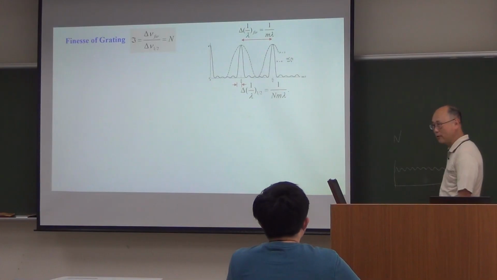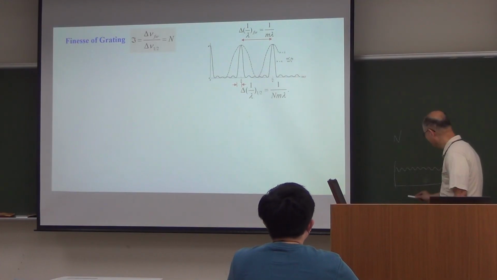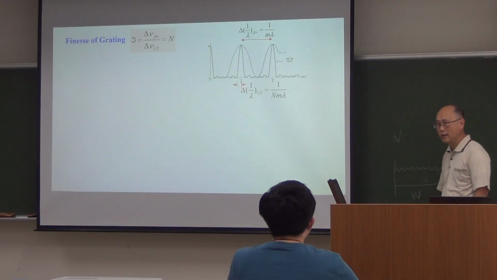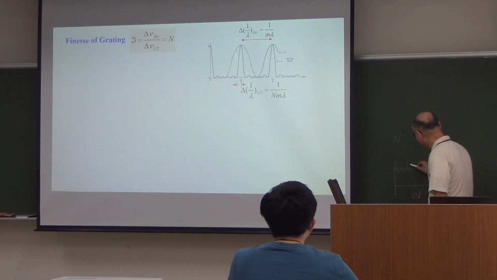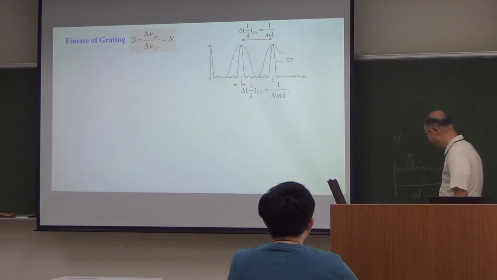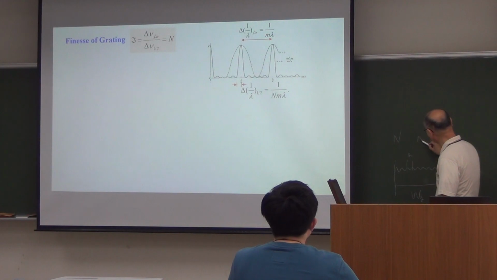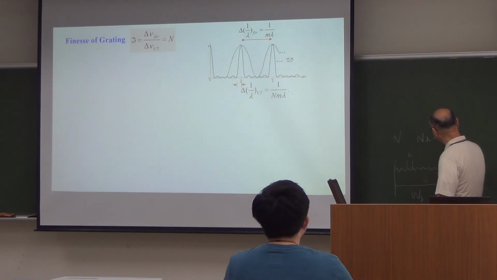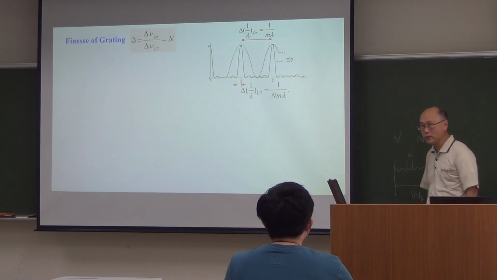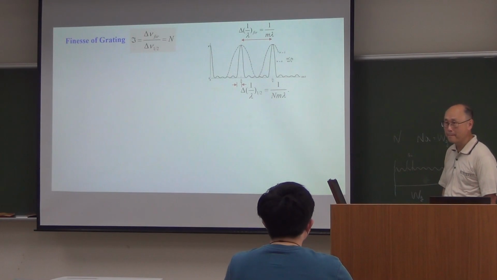For a piece of grating, it looks like this, and there's a certain width associated with it, right? And there's a certain period associated with it. And then if you multiply period a by N, this is going to give you the width of the grating. So this is the number of grooves on a piece of grating.